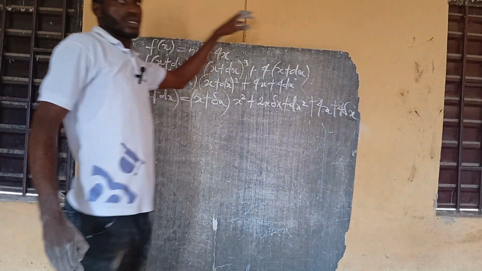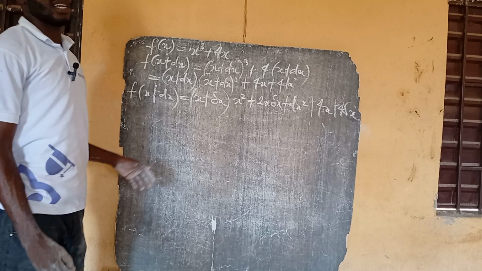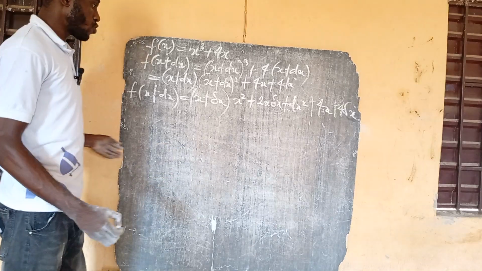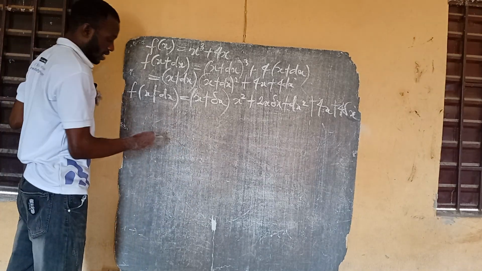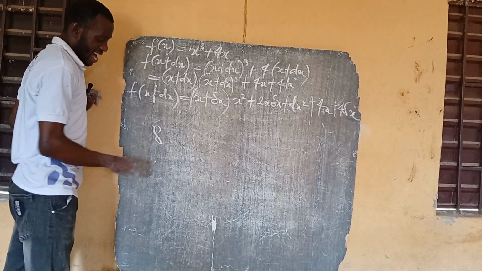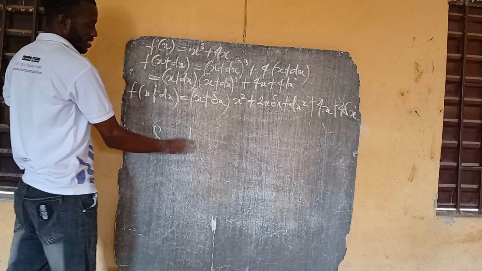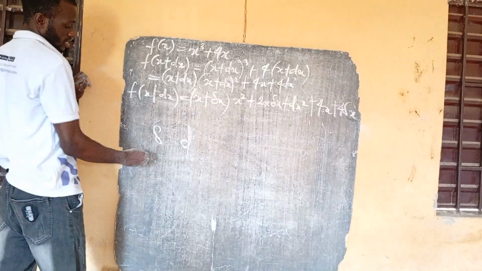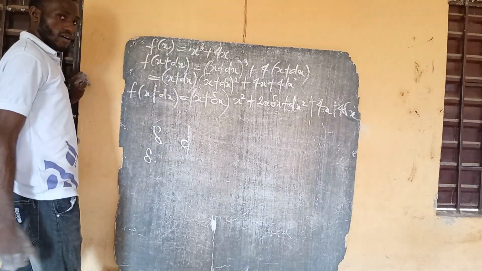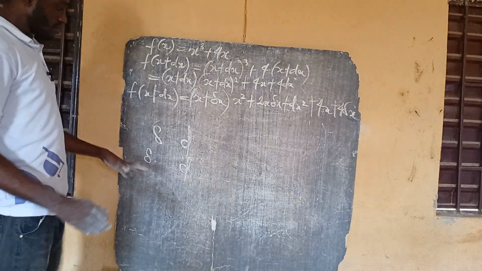Now let me note something: by the time you begin to advance in calculus, you will soon find out that there is a difference between this delta and dx, these two notations. This one is used for partial differential and this one is used for complete derivative.